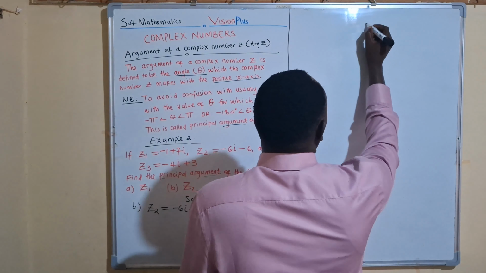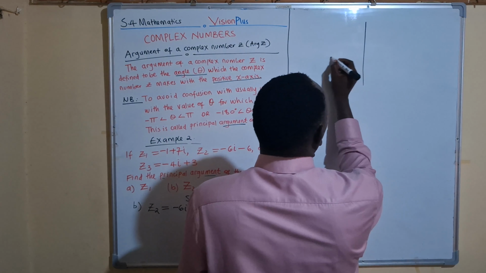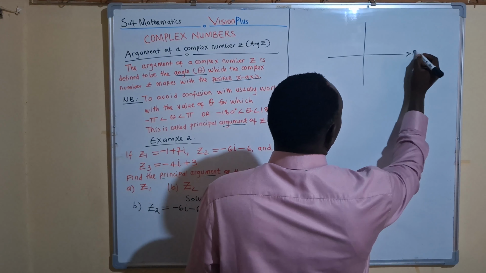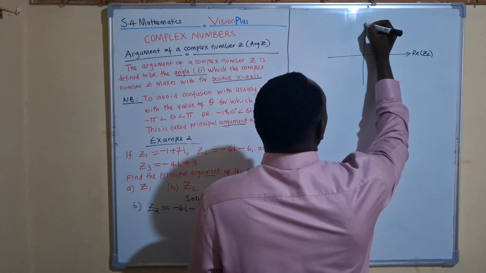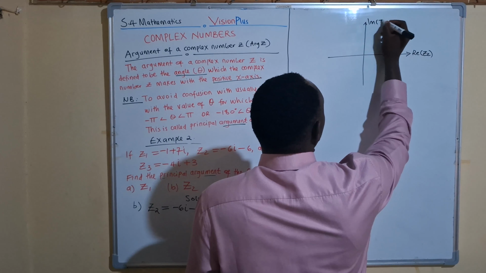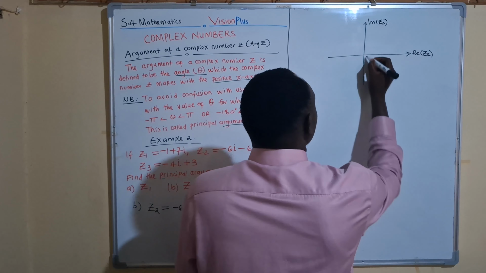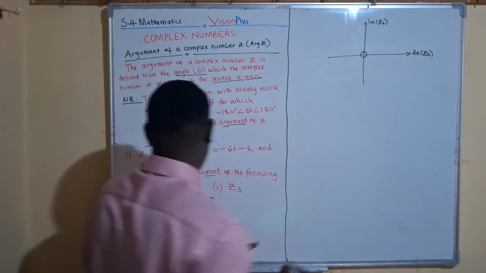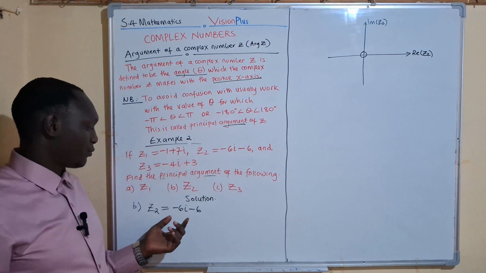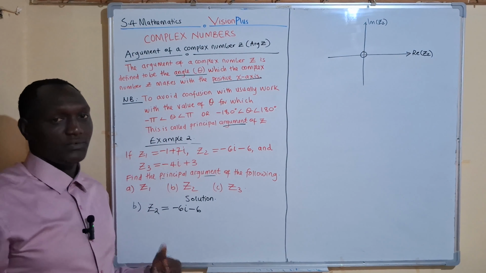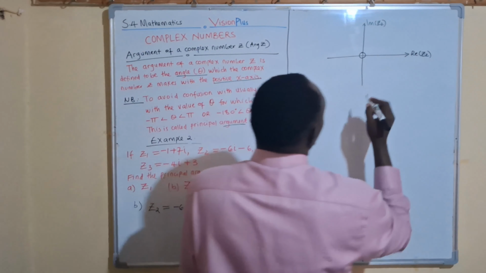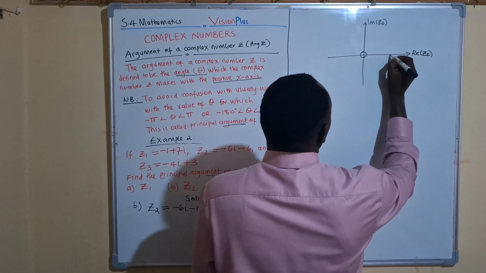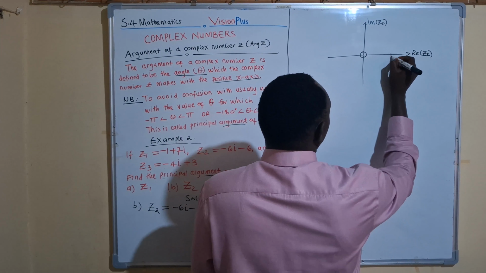Quickly draw your Argand diagram. This is the real axis of Z2. This is the imaginary axis of Z2. This is the origin 0. Now we have negative 6 and negative 6, which are equal in magnitude, so we are going to mark them equidistant from the origin.